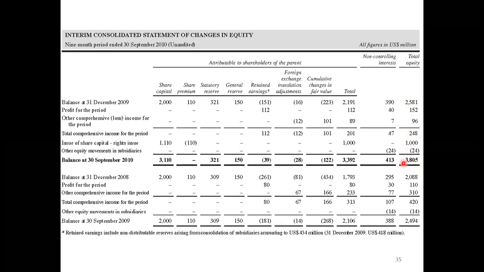So you may observe there's an increase in their equity balance. The increase arises due to what? Here, retained profit. Earlier it was a loss, and profit for the year this amount, right? And new issues, rights issues, and also share premium has reduced here. Then we have received this amount.